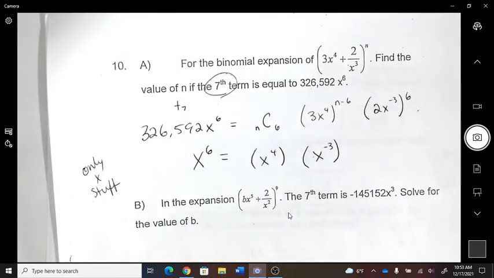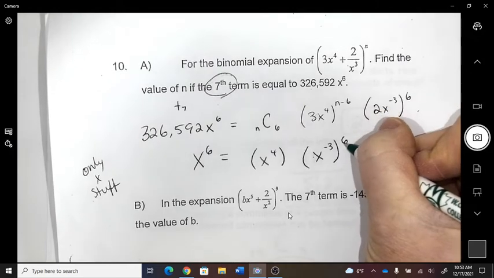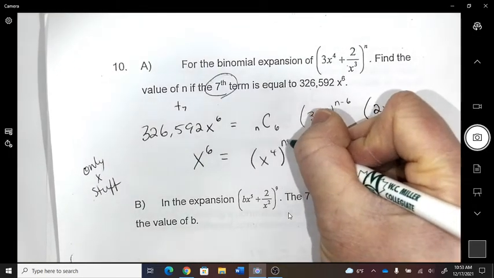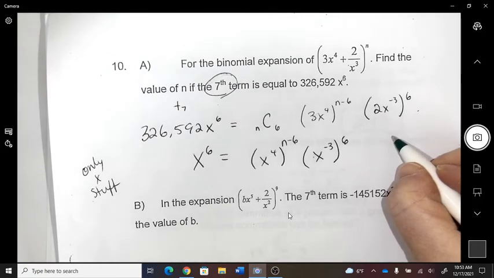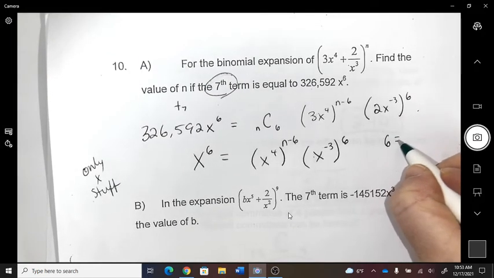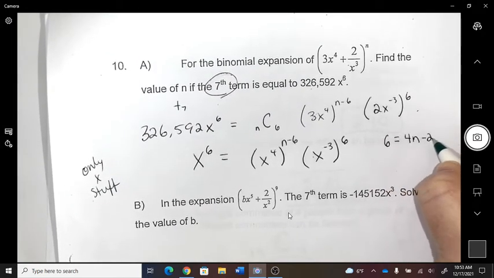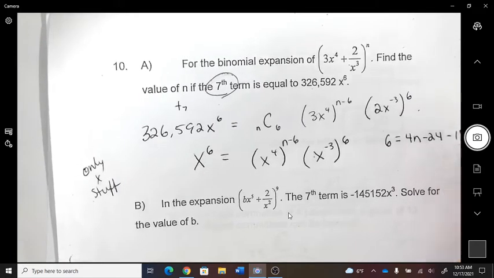It told me this was the 7th term, so this would be a 6. And then this would be an n minus 6.